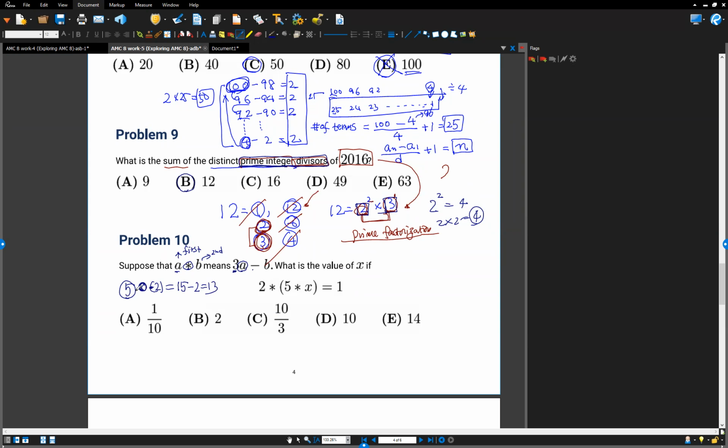Okay, find the answer. I got D. You got D. Okay, everybody try this one. Both of you also got D. Try. We need this one first, okay? Inside the parentheses, 5 star X. What is this?